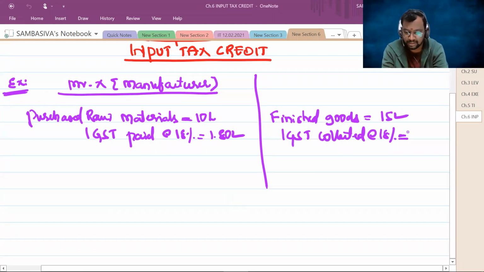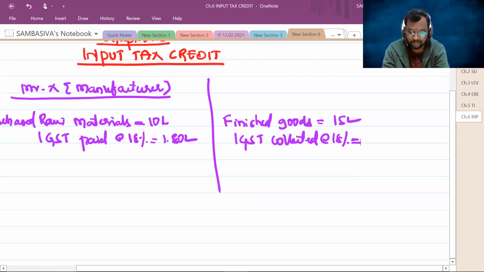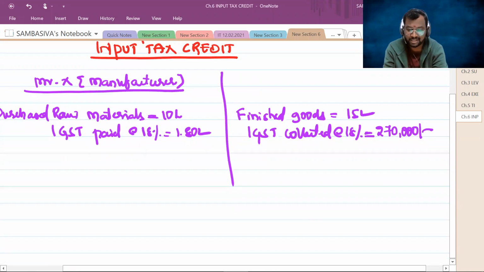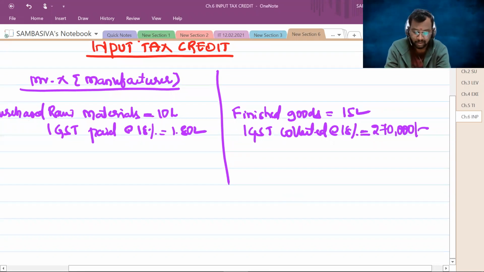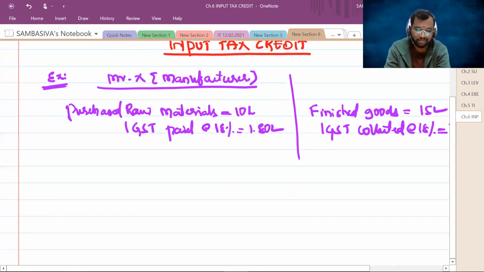If you calculate, you will get 2.7 lakhs, 2,70,000. So IGST collected is 2,70,000.